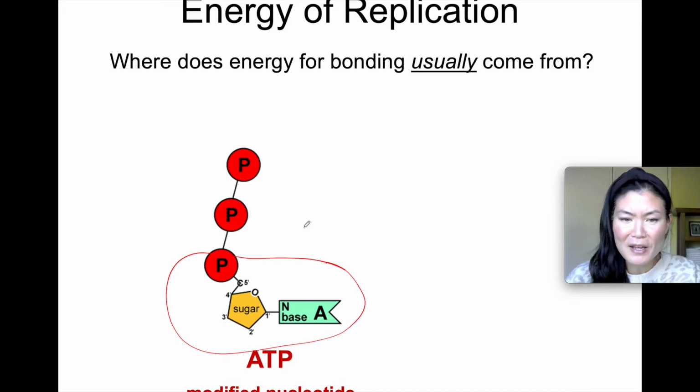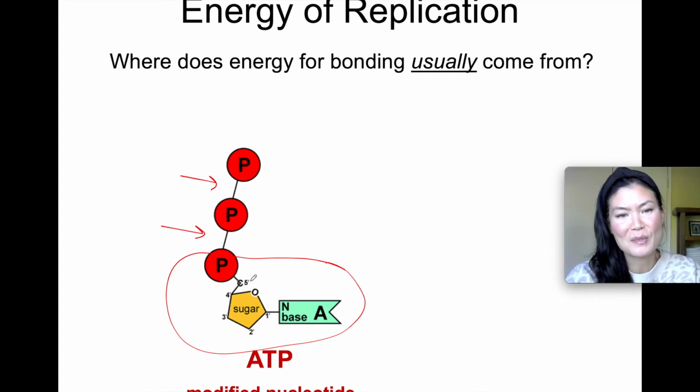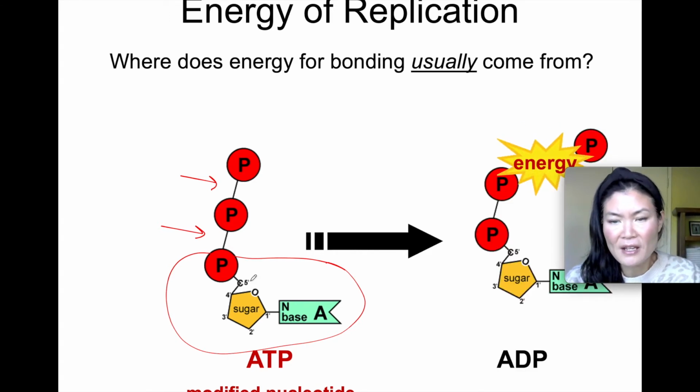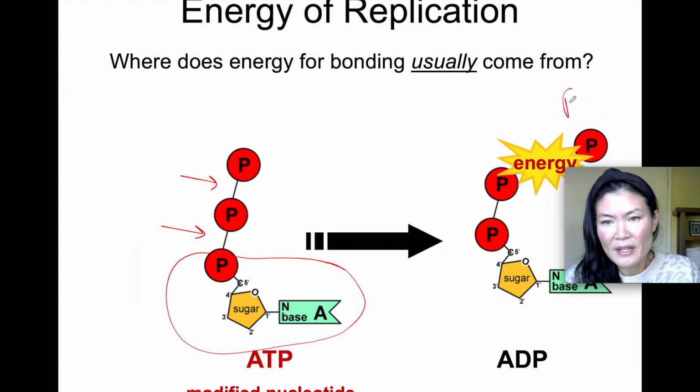It's the energy providing molecule. Okay, there's energy that's held in these bonds between the phosphate groups. Remember, energy is released when that last phosphate group, that inorganic phosphate, is released, and it goes from ATP to ADP.